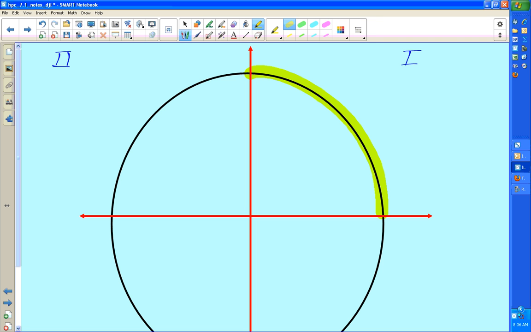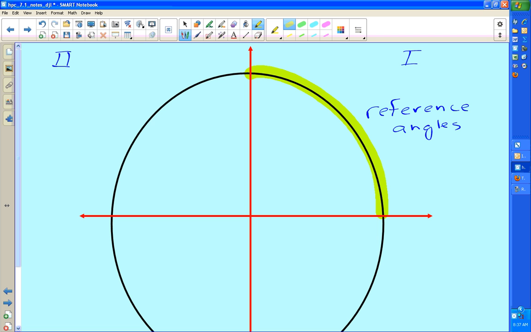Okay? And in quadrant 1, we get our reference angles. Any angle that is in quadrant 1 in the first revolution is called a reference angle.